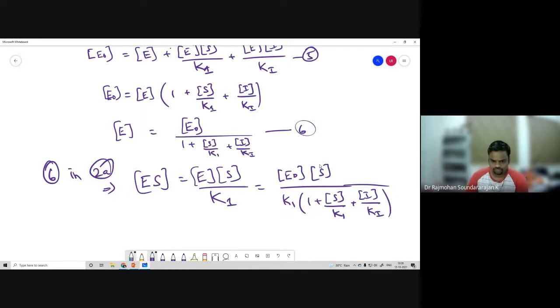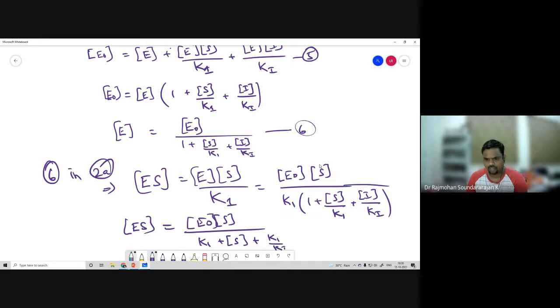We can multiply K1 into this bracket, so we get ES equal to E naught into S in the numerator, and the denominator is K1 plus S plus K1 by Ki into I. Let it be equation number 7.